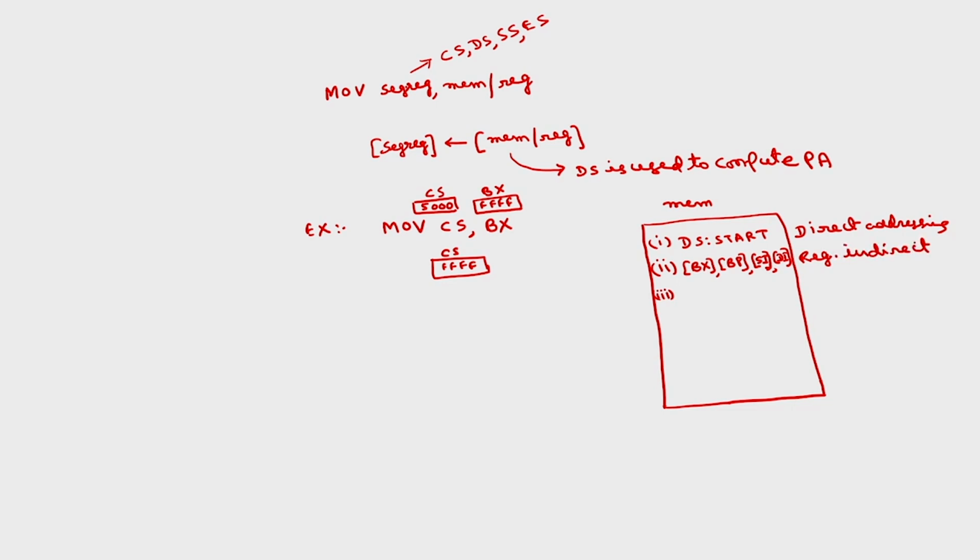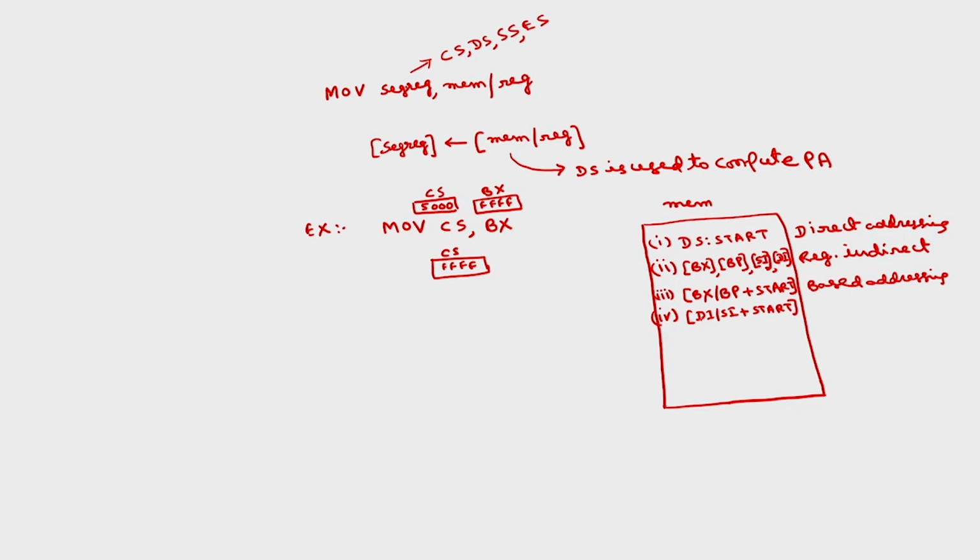Then we have the based addressing mode: BX or BP plus some start value. This is called register based addressing mode. In index addressing mode, this can be either SI or DI plus some offset, which is defined by the assembler.